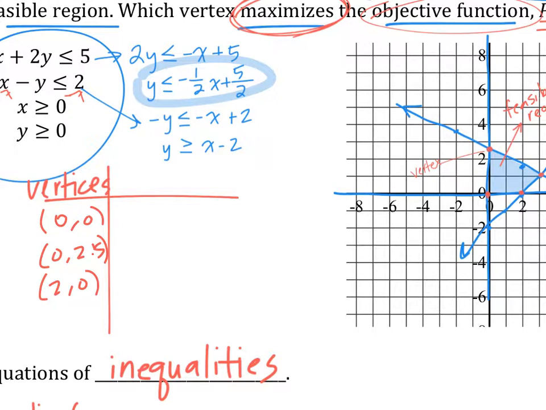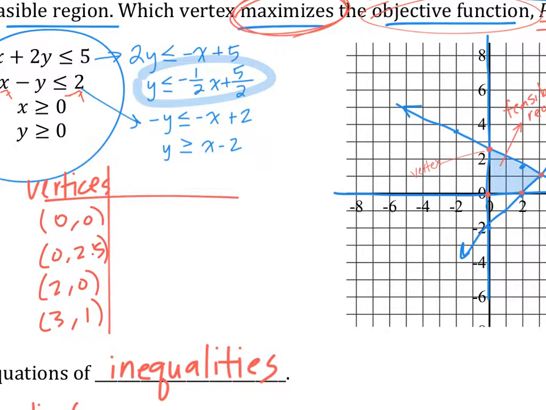You already know what those points are. This one, when you can't figure out what that number is because they're not actually intersecting at a nice point, then you have to figure out where these 2 lines intersect. You have to do that by elimination or substitution. This one they are actually intersecting at a nice point, 3, 1. So just put 3, 1.